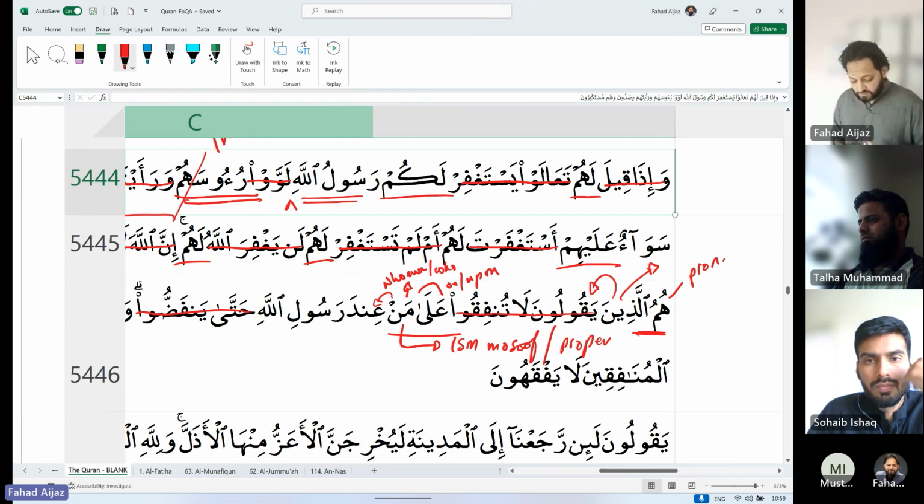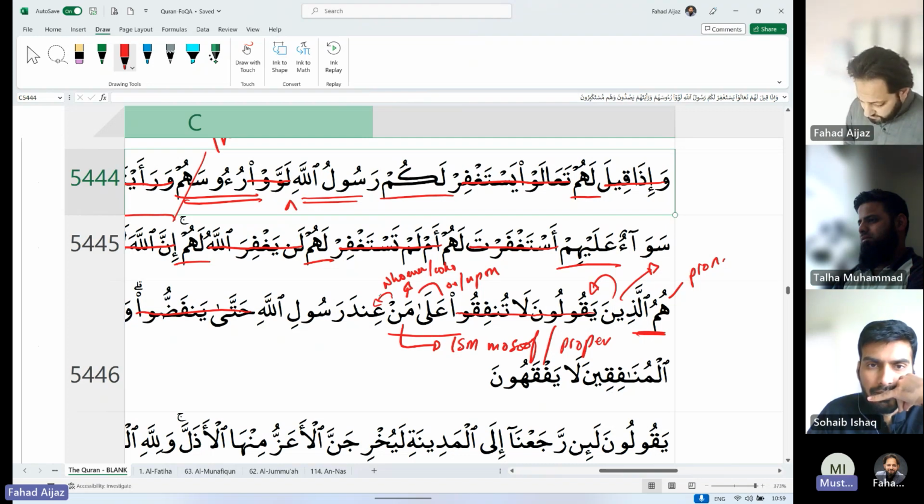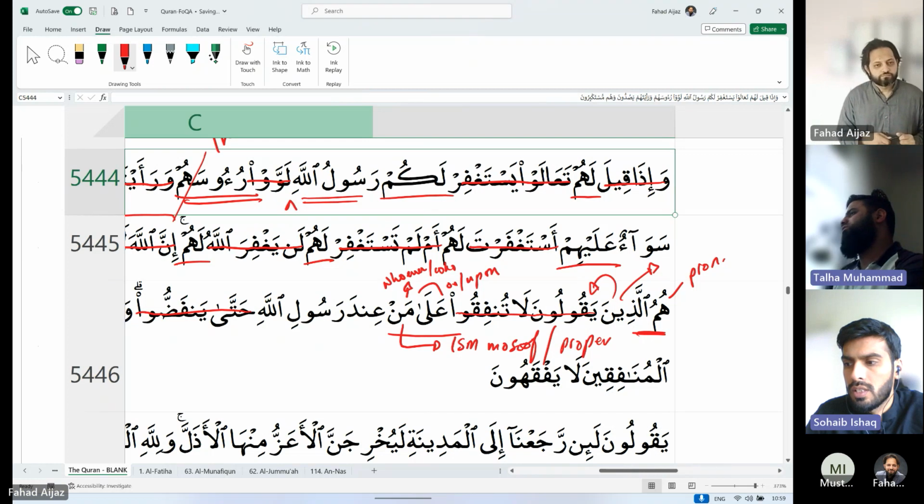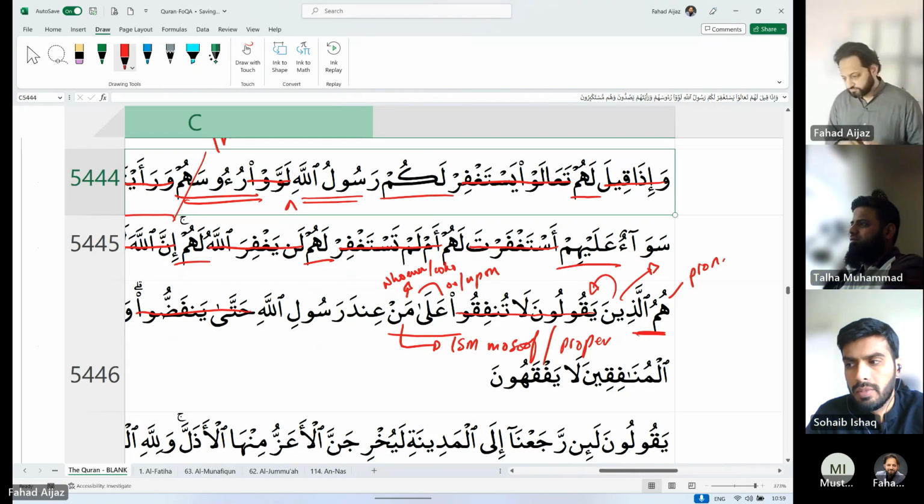That's one reason. The second reason is the next word is not an ism. It's something else that you know. It's a special mudaf ism, correct. It's not a normal ism, it's a special mudaf. So because man cannot be a mudaf, it's inflexible and it's proper, it never comes as a mudaf.